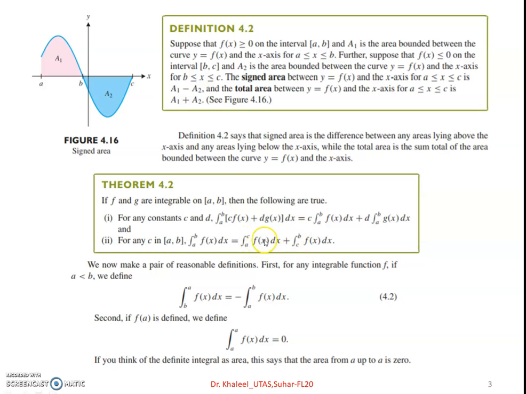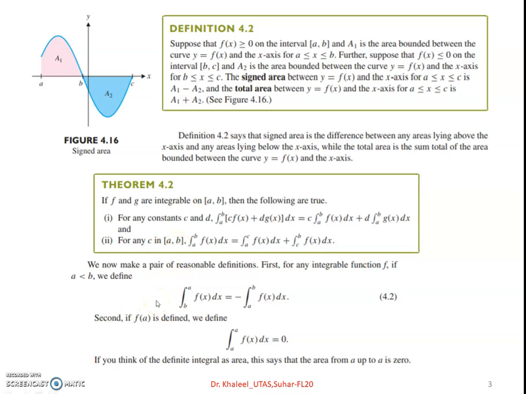We started with a and ended with c, and then you start with c and go to b. So we can split the interval a to b as a to c and c to b, but c must be in [a, b].